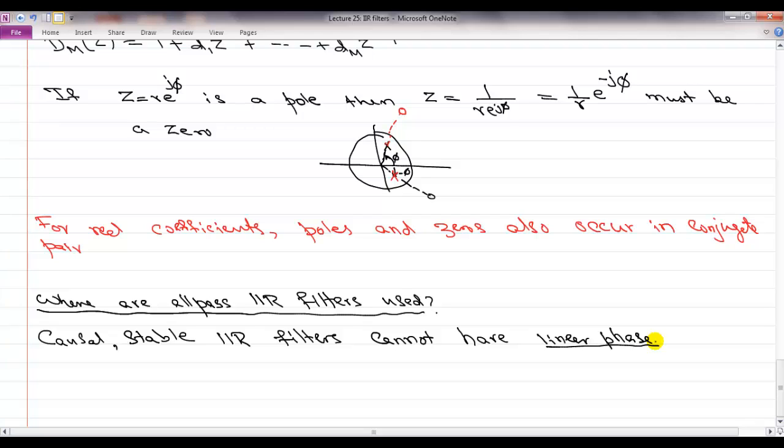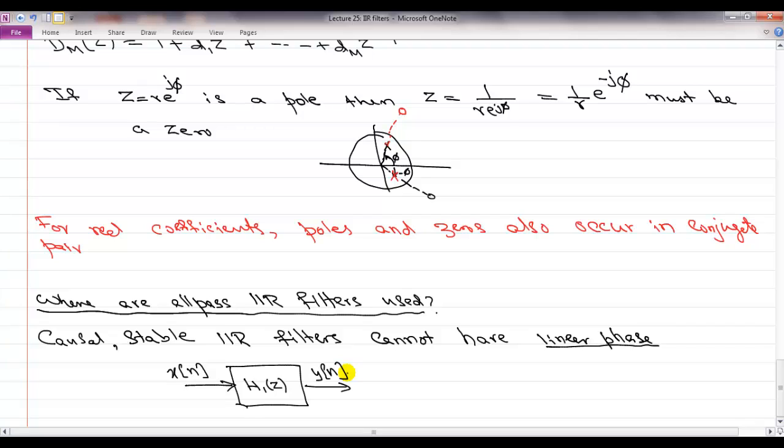So if you have a filter, let's call its Z transform H1(Z), you input x[n], you get output y[n], the phase of y[n] has been distorted.